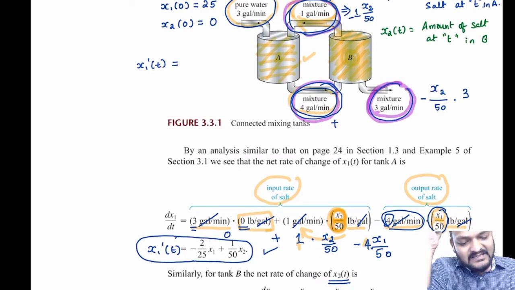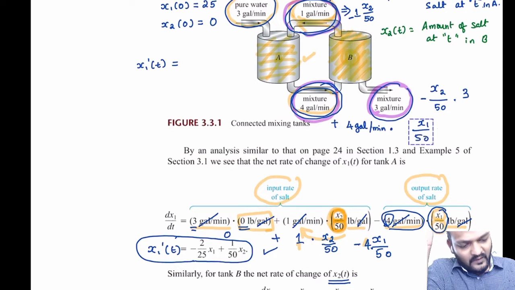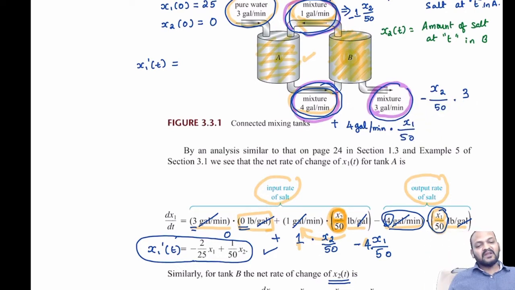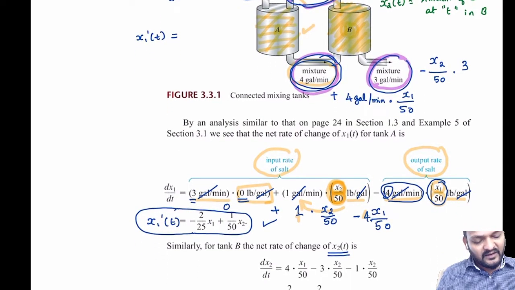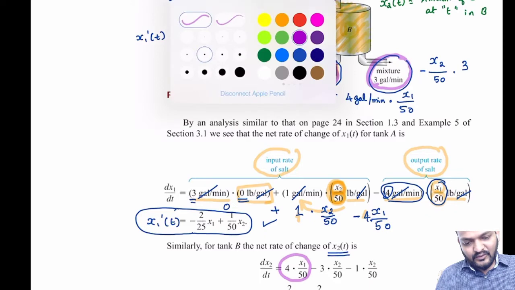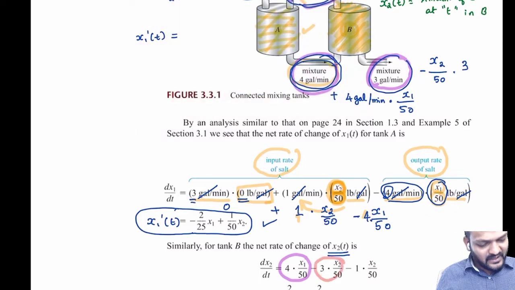Because of this, it is gaining 4 gallons per minute times whatever is the concentration of x1, divided by 50, not multiplied by 50. So that's what is happening with tank B. If I plug that back in here, it's gaining this, and it is losing this much and this much.